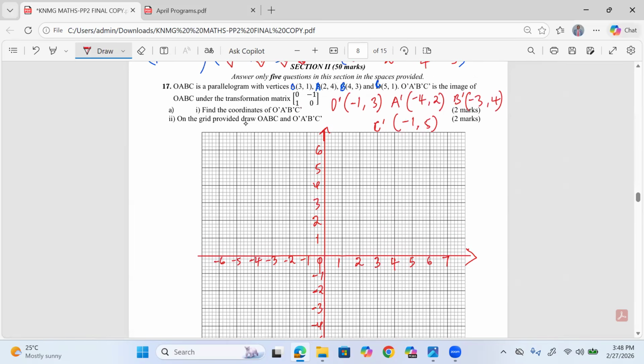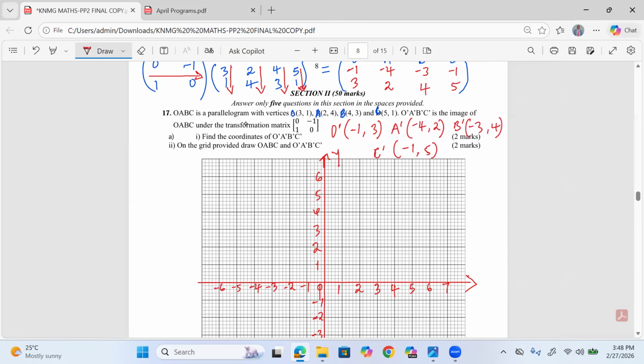So we have the Cartesian plane, with the y-axis and x-axis properly labeled and scale properly chosen.